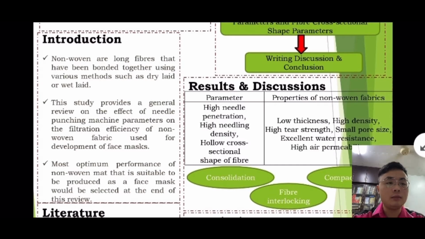This study provides a general review on the effect of needle punching machine parameters on the filtration efficiency of non-woven fabrics used for development of face masks. The machine parameters and fiber parameters such as the depth of needle penetration, needling density, and fiber cross-sectional shape will be reviewed, and the most optimum performance of the non-woven mat that is suitable to be produced as a face mask will be selected at the end of this review.